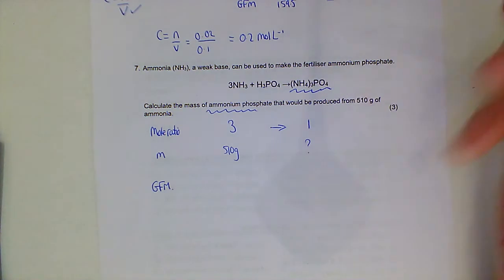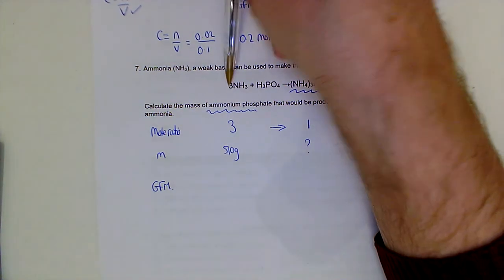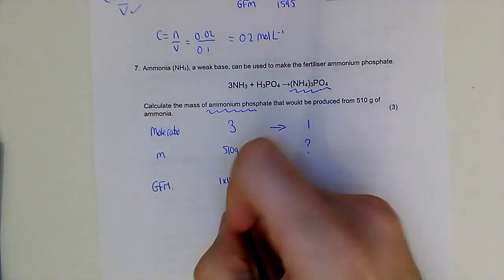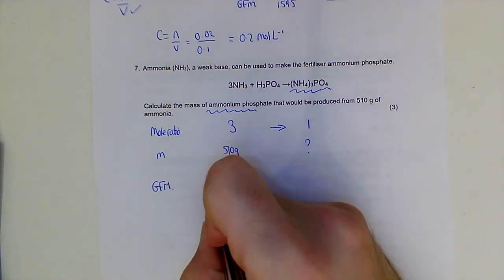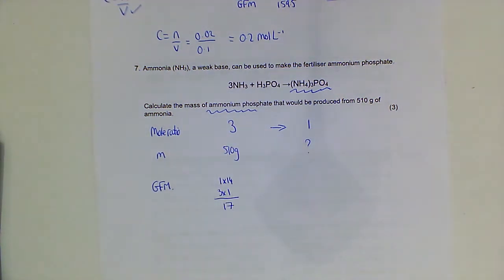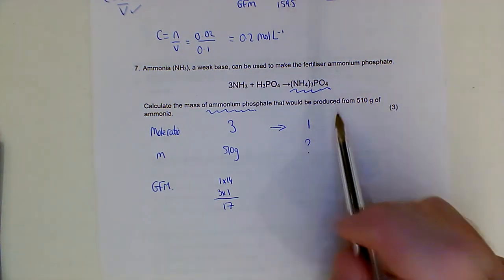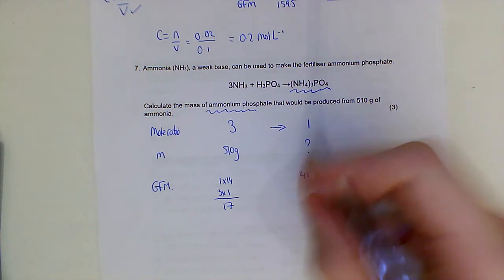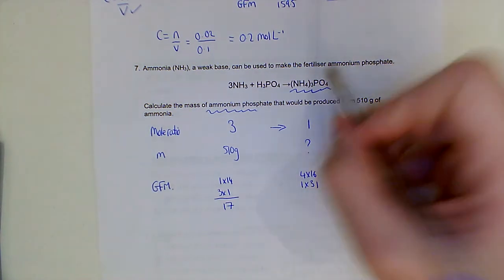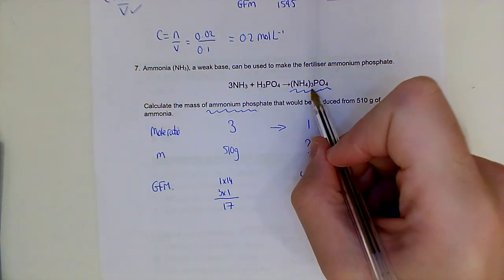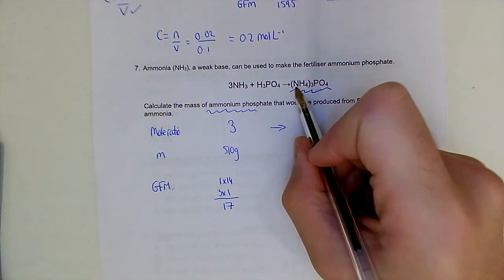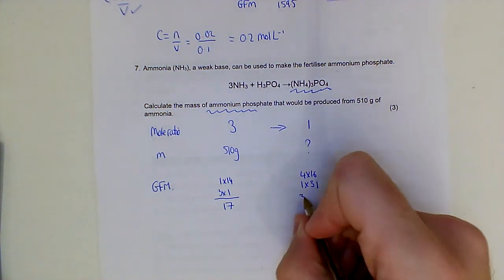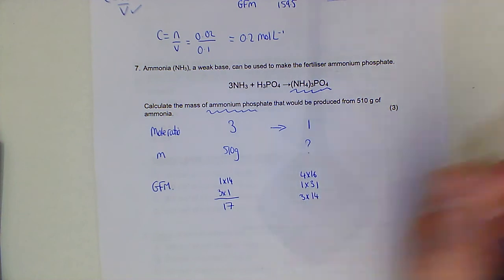So my GFM, I ignore that 3, and it's just going to be NH3. So that's going to be 1 times 14 and 3 times 1. And when I add that together, that gives me 17. And then on this side, I've got 4 oxygens. I've got 1 phosphorus. That number multiplies everything inside the bracket. So inside the bracket, I've got 1 nitrogen multiplied by 3 gives me 3 nitrogens. Each nitrogen is 14.